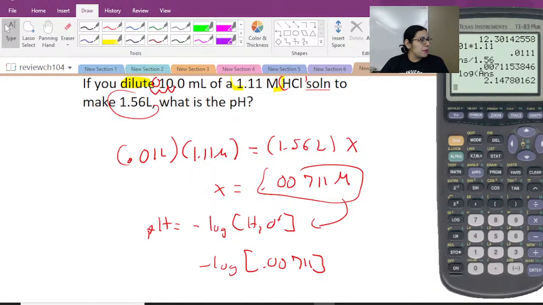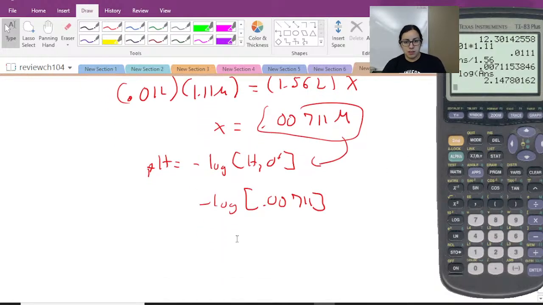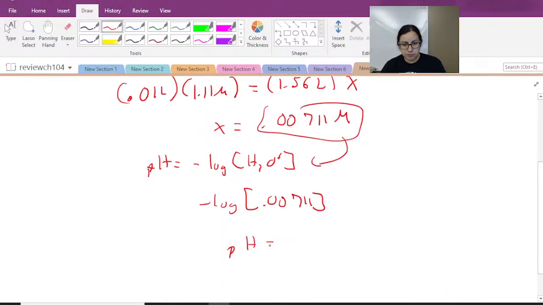And then I get a pH of about 2.15 roughly. I see some more nods for that one as well. Excellent. Questions on that one?